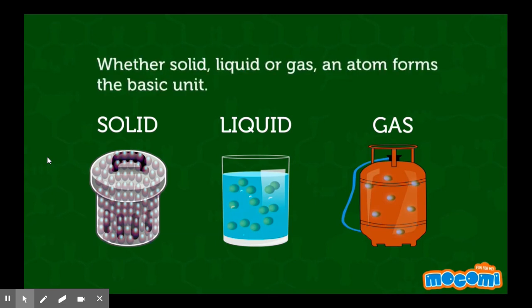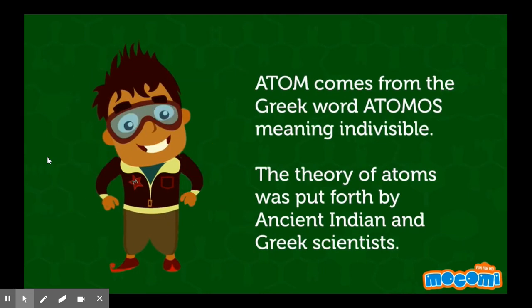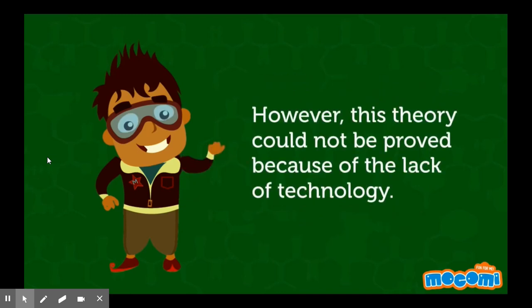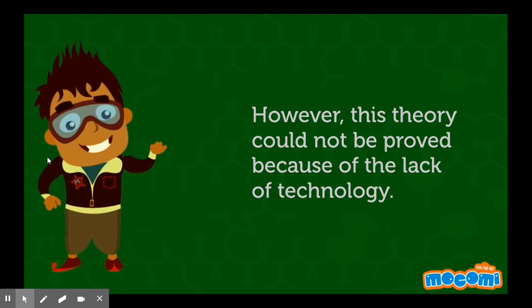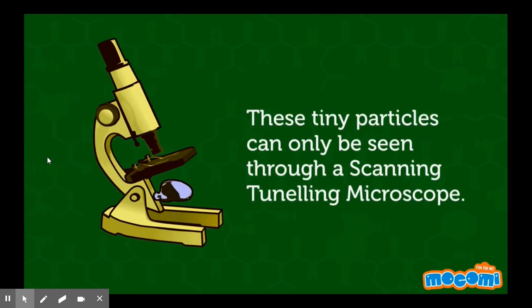Whether solid, liquid, or gas, an atom forms the basic unit. Atom comes from the Greek word atomos, meaning indivisible. The theory of atoms was put forth by ancient Indian and Greek scientists. However, this theory could not be proved because of the lack of technology. These tiny particles can only be seen through a scanning tunneling microscope.